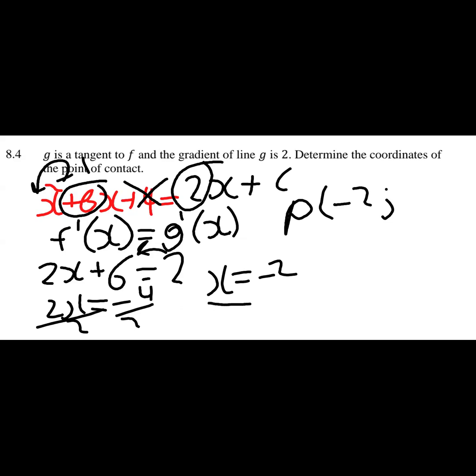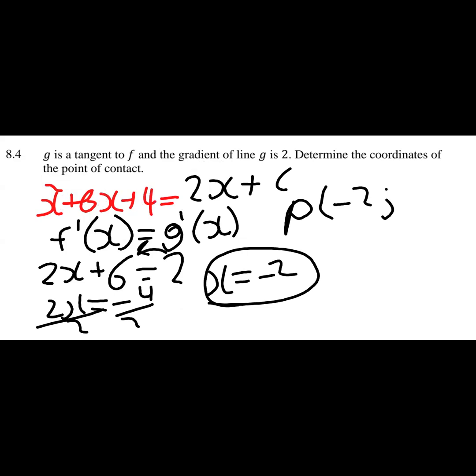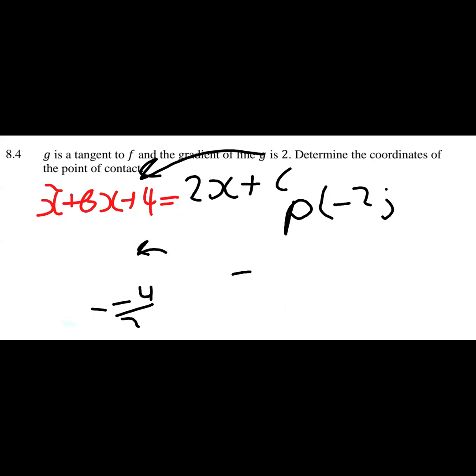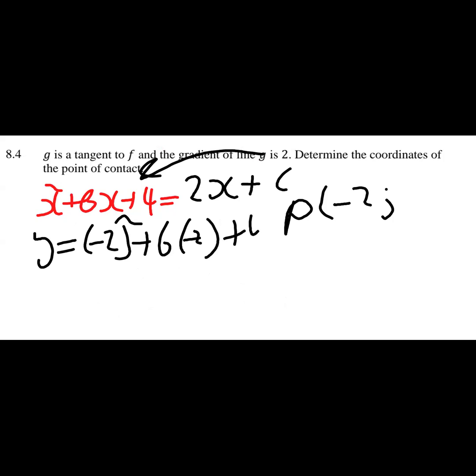Then you must take this x and substitute into one of the formulas. Well, you cannot substitute into the g because it's not finished. You will have to substitute that into this equation. So let's go and do that. If we were to substitute that negative 2, we say y is equal to negative 2 squared plus 6 times negative 2, then plus 4.